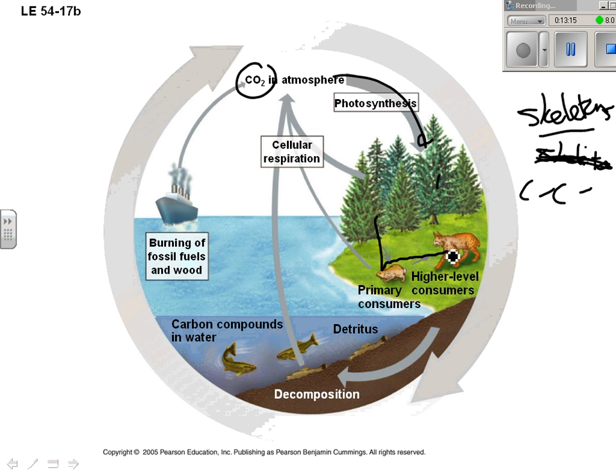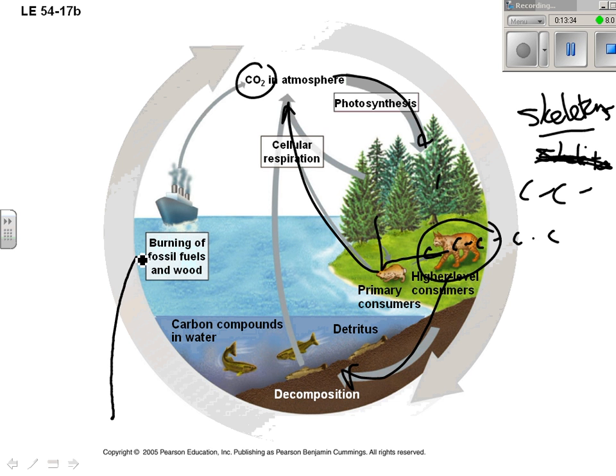Now animals eat those plants and use the carbon to build themselves. They have little carbon chains. That's what we're built of. We can die and decompose and become part of the detritus. Animals also breathe out carbon dioxide after cellular respiration. We have now taken from reservoir D or reservoir B and burned fossil fuels and put those back into the atmosphere.